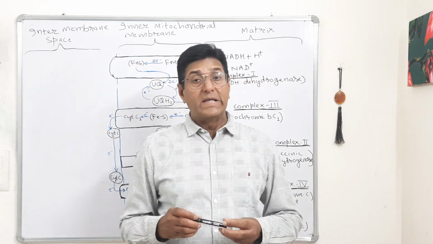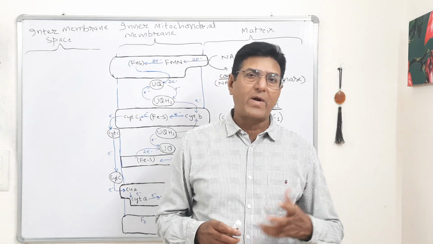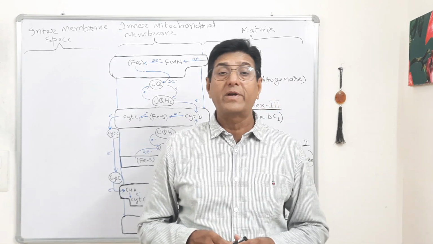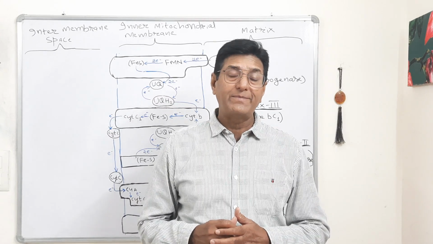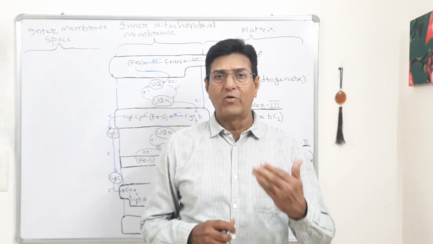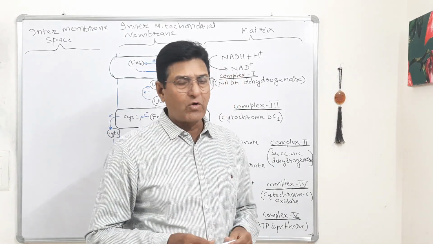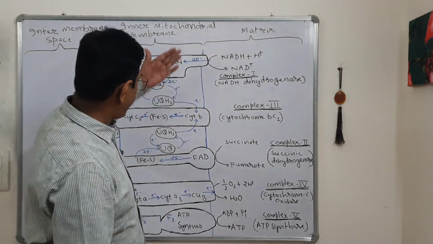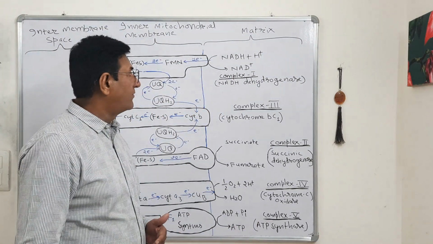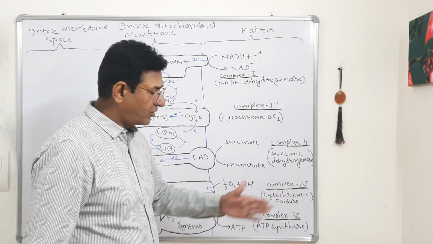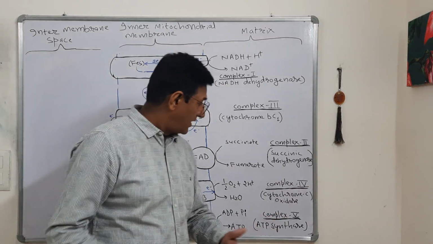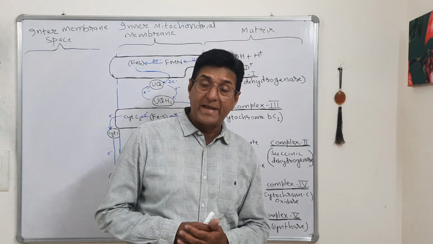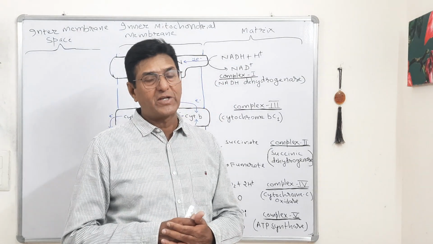All enzymes and carriers which take part in these two processes are kept under five major groups, and these groups are given the names complex first, second, third, fourth and fifth. These complexes are present in the inner mitochondrial membrane, and from complex first to fourth, they are involved in electron transport chain, and the fifth complex takes part in oxidative phosphorylation.